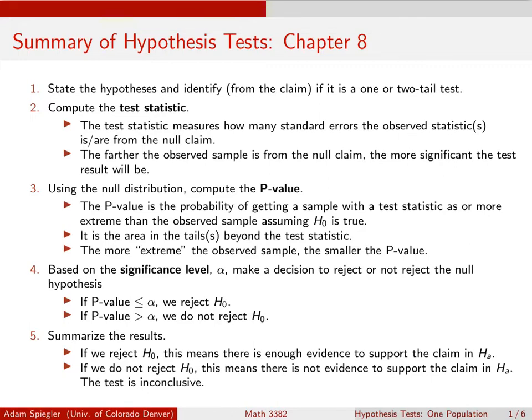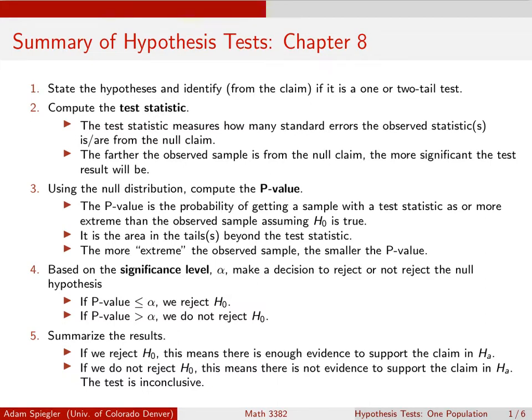And so if we have a greater than sign or a less than sign in the alternative, then it's a one-tailed test. And if we have a not equal to sign in the alternative hypothesis, that would be a two-tailed test. So these are some ideas that we've thought about earlier.